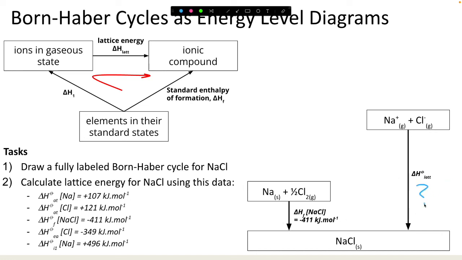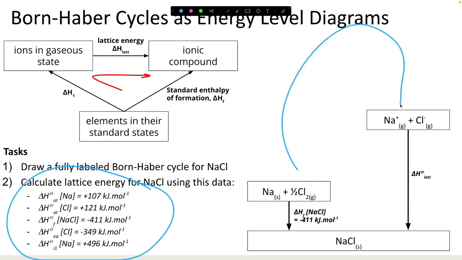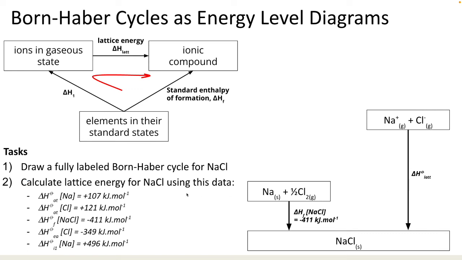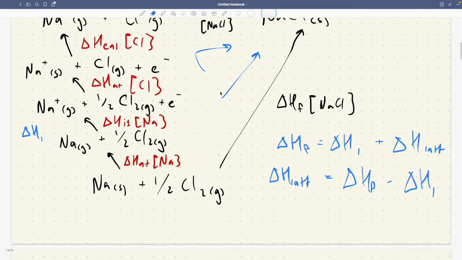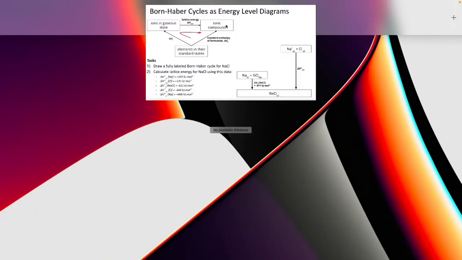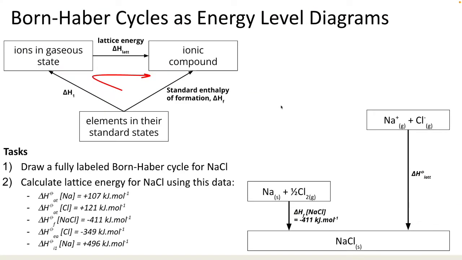The whole point of this, not to forget, is that's the value that we want to eventually come to, because we can't get that directly. So we can use all of these to build our way around and then use Hess's law to put a number to lattice energy. Let's go through the same process as before, only using energy levels instead of the cycle this time.